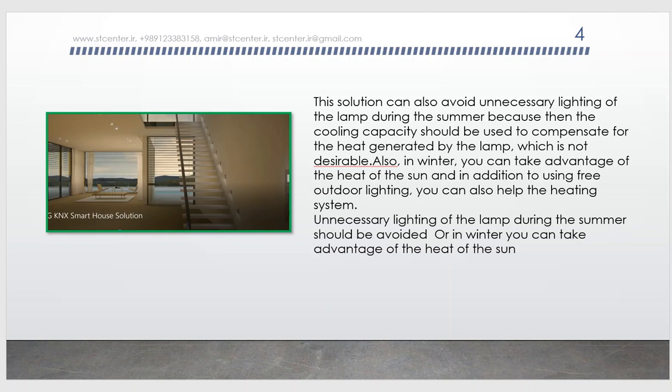But it can also work in combination with shutter actuators and HVAC systems to minimize energy usage. So we can help reduce energy usage in other parts also with the help of light control.